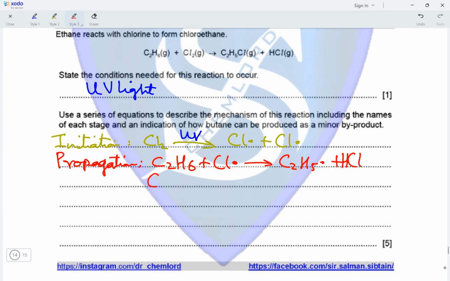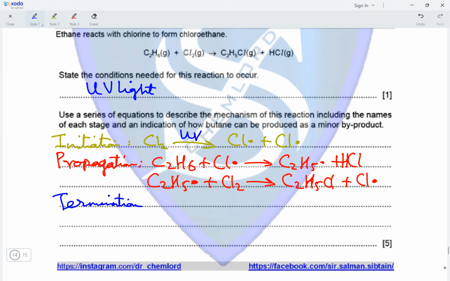In the next step, we have a C2H5 radical colliding with a molecule of chlorine, breaking the bond, producing C2H5Cl, which is chloroethane, and a chlorine free radical. So these are the two steps in the propagation part of the chain reaction in which we end up with the formation of C2H5Cl.